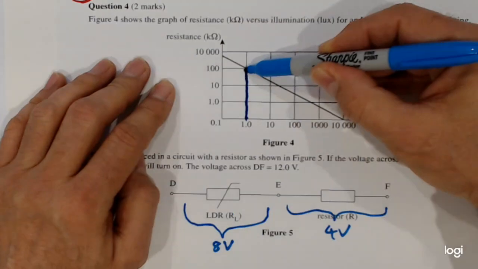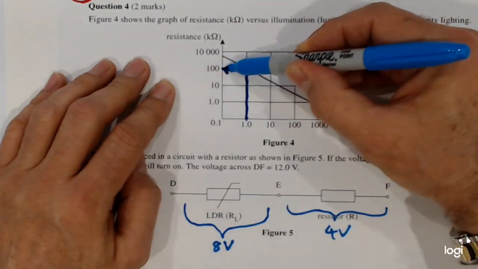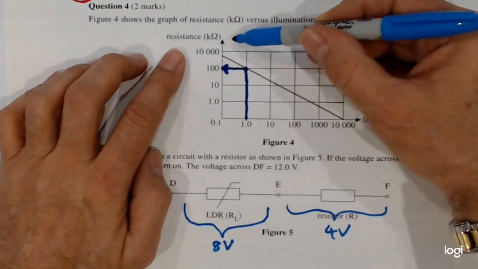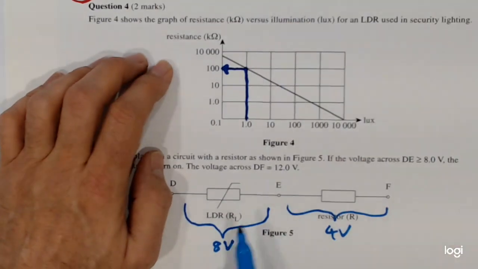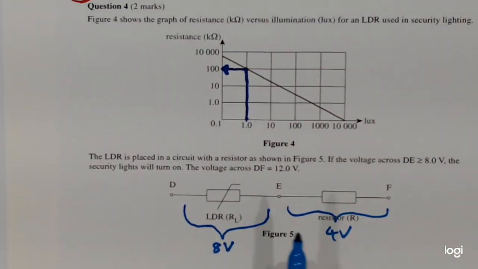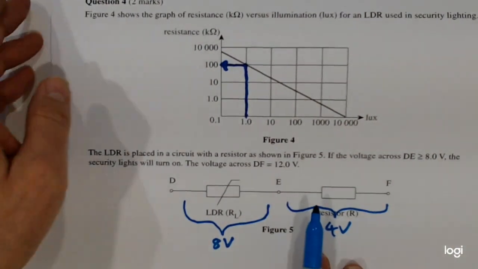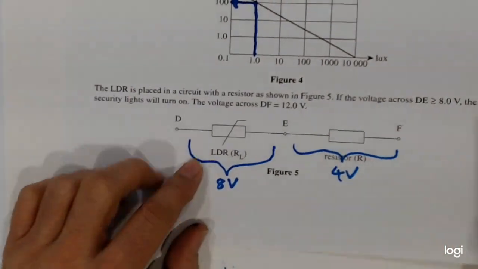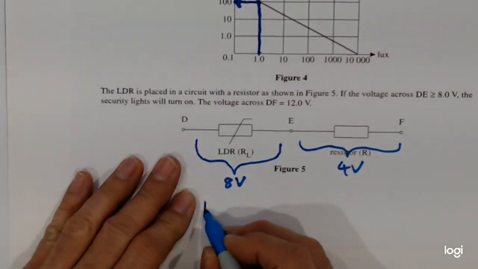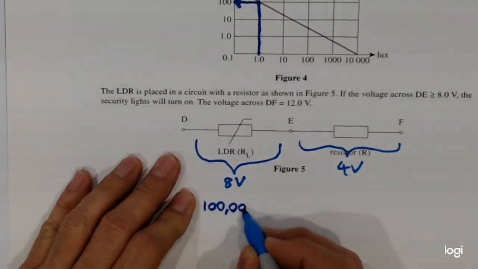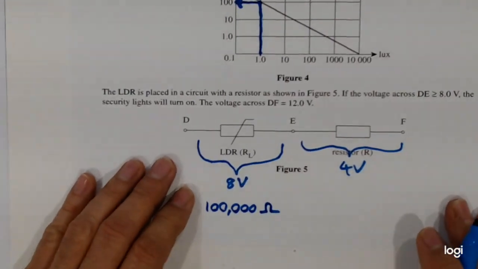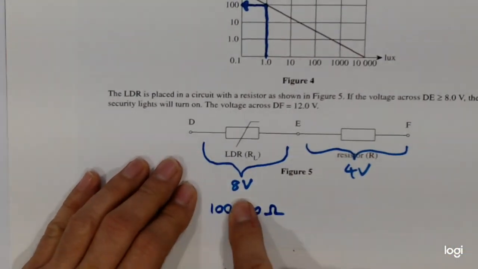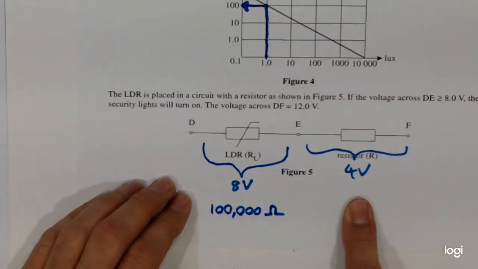That corresponds to a resistance of 100,000 ohms. Okay, so that's this one. So when there's 1 lux of light shining on this, it has a resistance of 100,000 ohms. And that has to be 8 volts, and that has to be 4 volts, right?